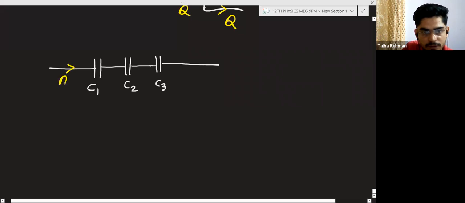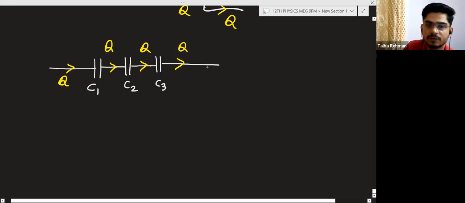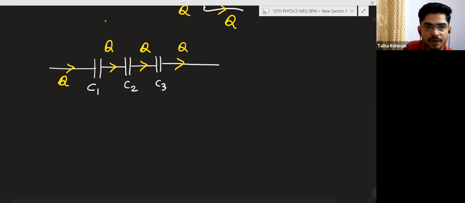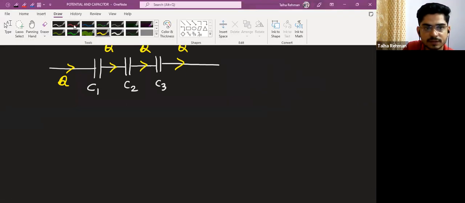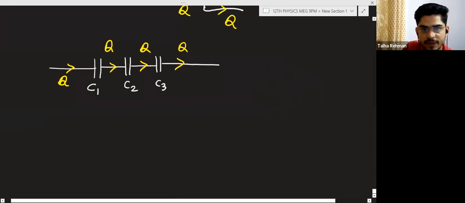Here the charge is the same across each capacitor because there is no branching. If I connect another wire from here, then this charge will divide across these paths. Along these paths, the charge will divide.